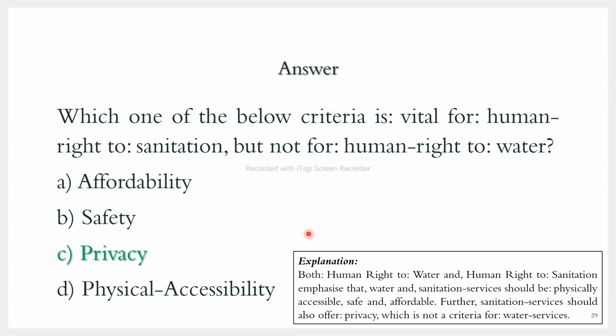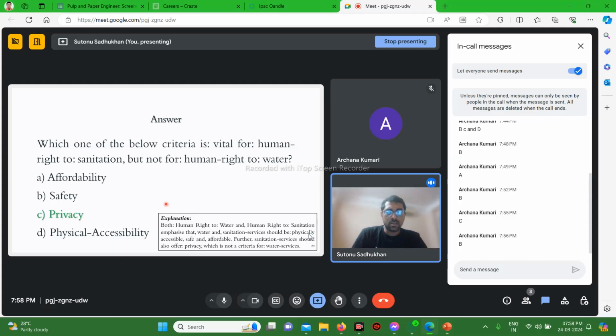Okay, so option C, that is privacy, is the correct answer. It is related to the human right to sanitation, but not to the human right to water.